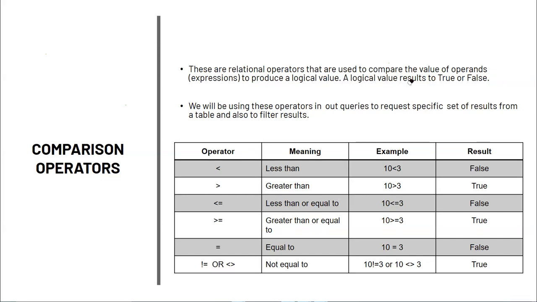You would see more of this when you write queries, because you'll see it in action. So no worries, but just be careful when you're using comparison operators, especially the greater than sign, greater than or equal to sign, less than sign, and less than or equal to sign.